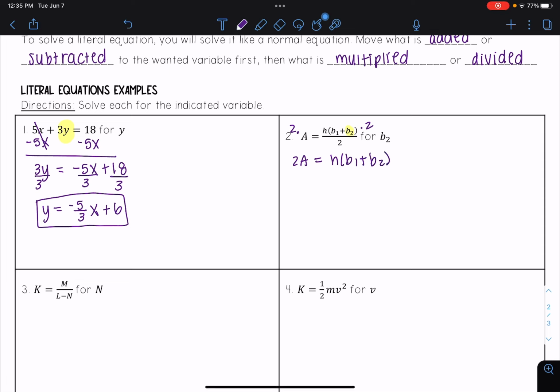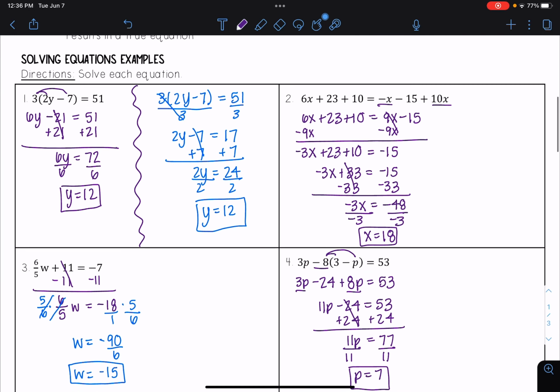And remember, I'm trying to get b2 by itself. I want to get this by itself. And so there's a couple of different ways that you could do it. You could go ahead and distribute that h in there first and then solve from there. However, like we saw in the very first problem that we did, I could actually go ahead and divide what's in front of that parentheses on the front hand.